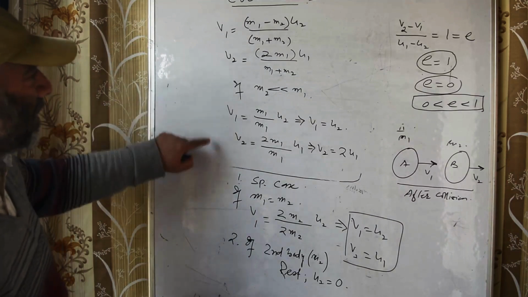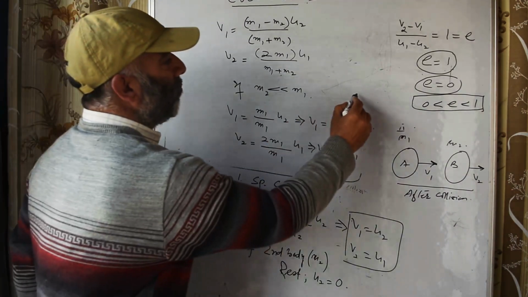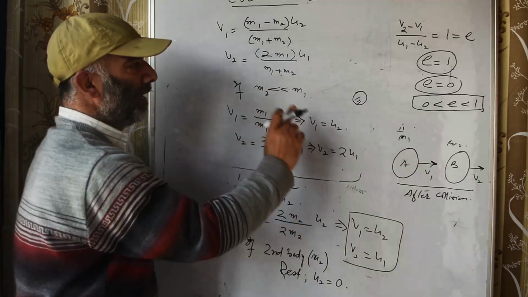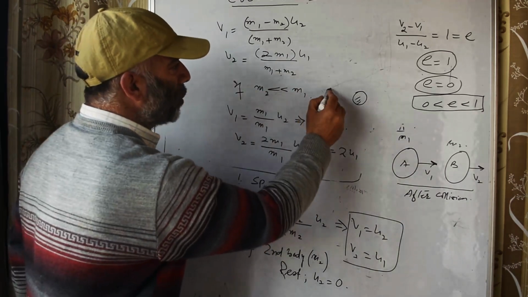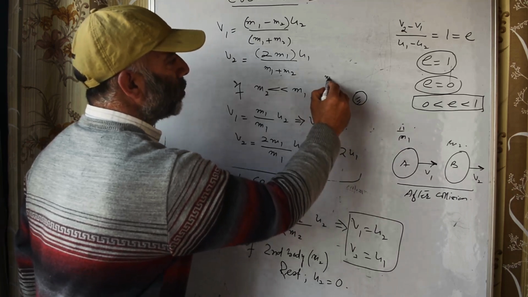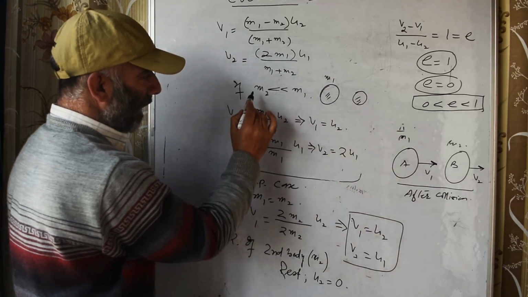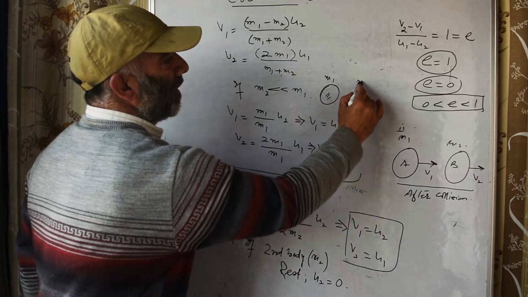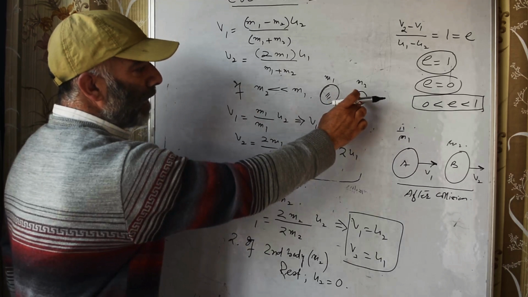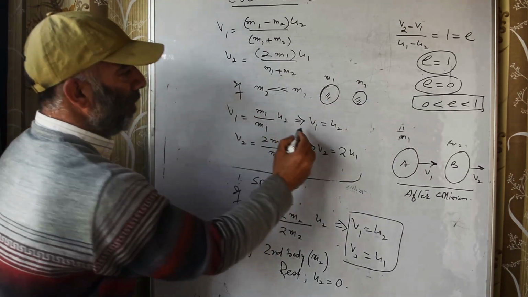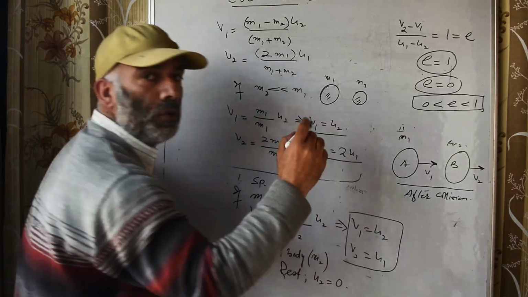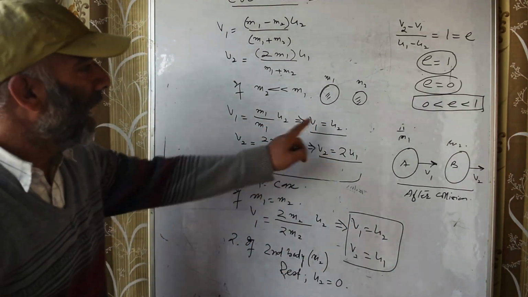Now look at this special case. If the one body which is at rest is of lighter mass and the second body that strikes it is of heavier mass, so M2 is very, very less than M1, here M2 can be neglected and this is the condition: V1 is equal to U2 and V2 is equal to 2 times U1. So what will happen in this case?